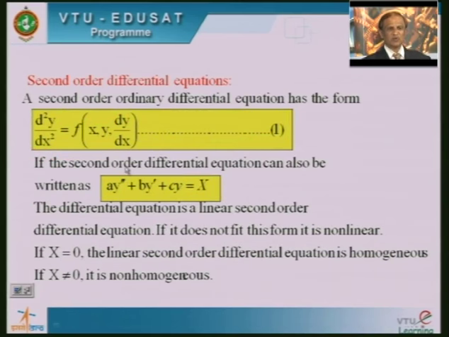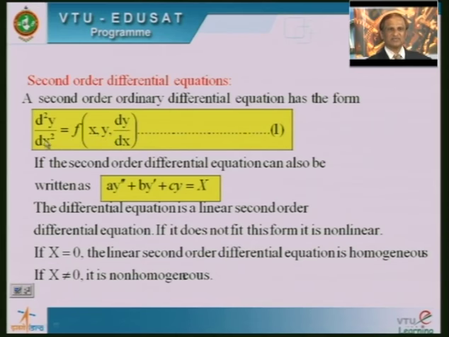Okay, friends, now we want to define a differential equation. So far I have not defined a differential equation. I have given what we mean by a differential equation, or what is the concept of a differential equation. Actually, how are we going to define a differential equation, especially a second order differential equation. A second order ordinary differential equation has the form d square y upon dx square is equal to a function of x, y, dy by dx, right.